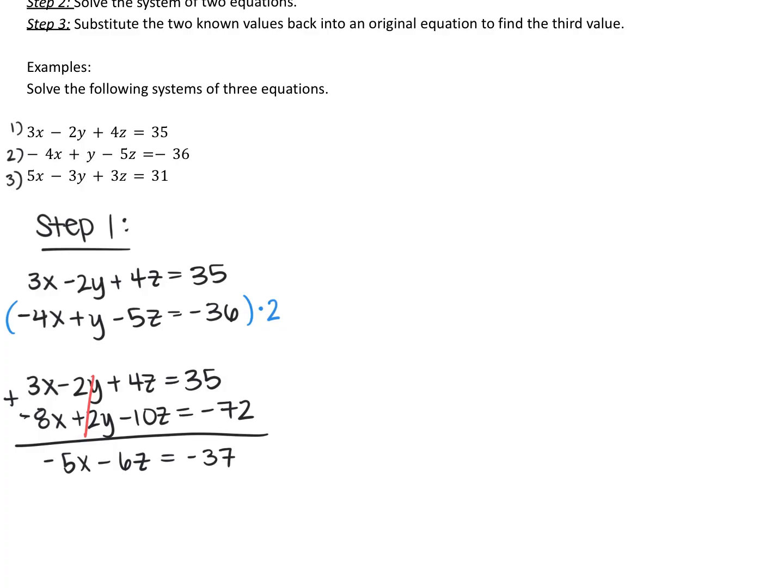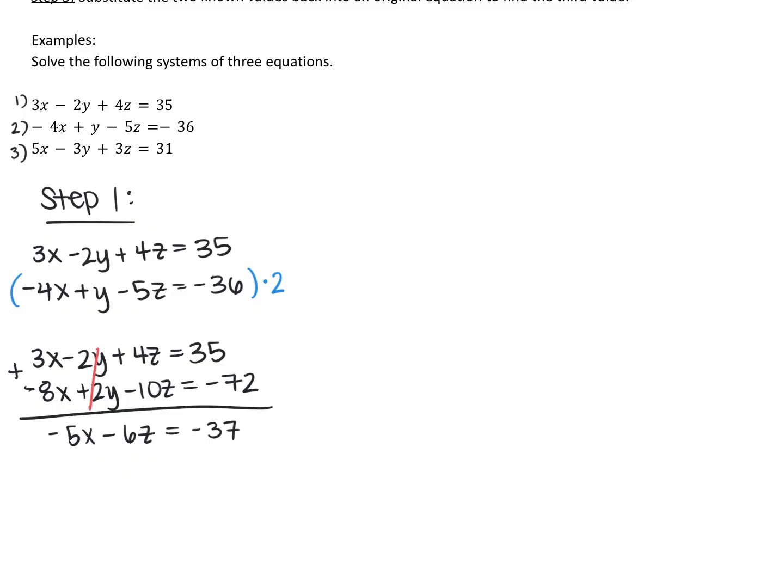That's just the first part of step 1. The second part of step 1 is now to eliminate y again. I've already used equations 1 and 2. I have to use every equation once, so I have to now use equation 3. So we'll have 5x minus 3y plus 3z equals 31.